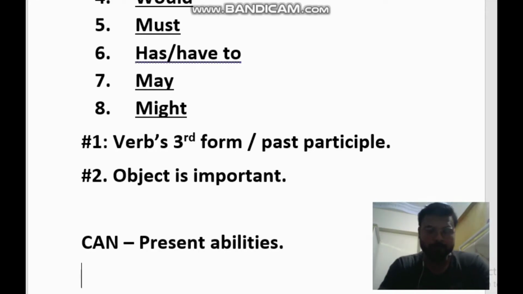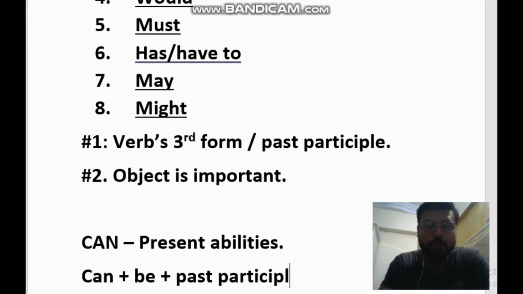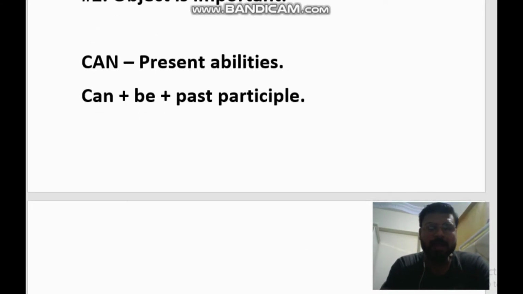So the formula is going to be can plus be plus past participle, right? So if I take an example, I make an active voice using can, so it's going to be like, I can complete this.